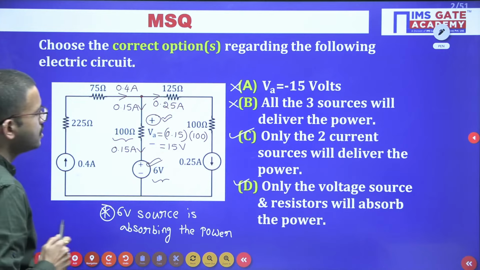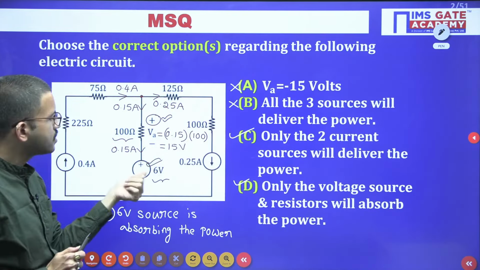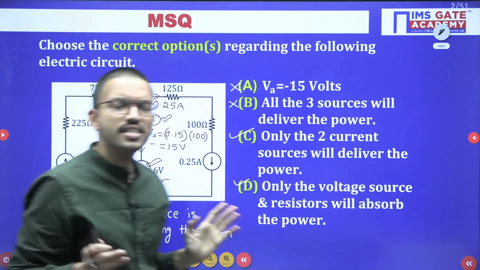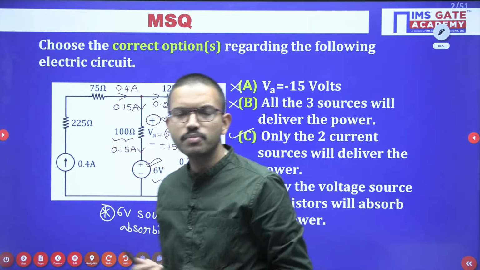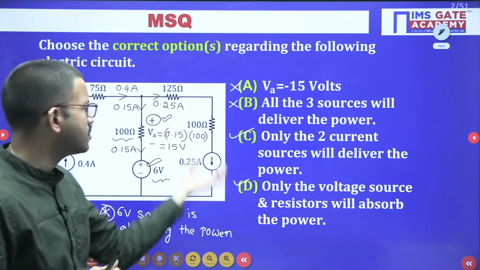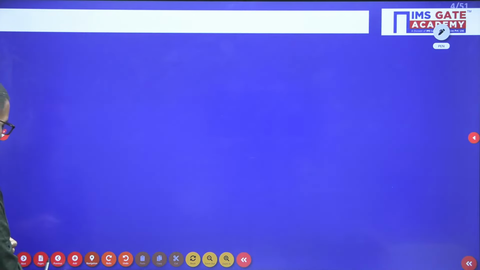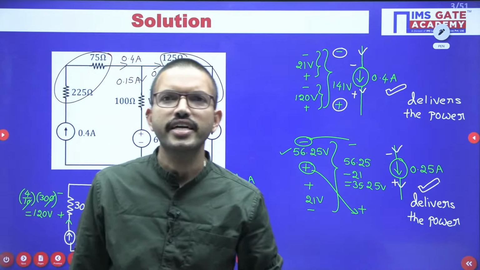So in this question, the two current sources are delivering the power, whereas the 6-volt source is absorbing the power, and obviously resistors. Whenever resistors are there, obviously they will absorb the power because energy is going to dissipate in the form of heat. Resistor always will take the energy. I hope it is clear for everyone, right?